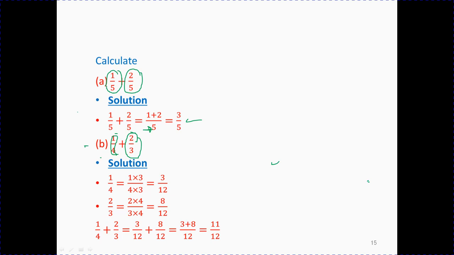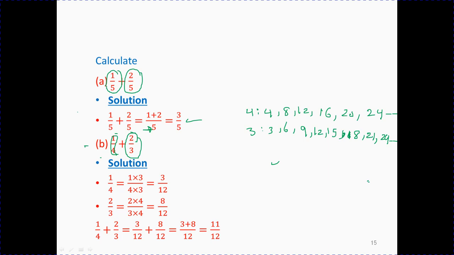You can find the least common multiple of 4 and 3 by the following rule. Let's just list the multiples of 4: 4, 8, 12, 16, 20, 24, etc. Now for 3, let's start with 3: 3, 6, 9, 12, 15, 18, 21, 24, etc. Now, obviously, we have many common multiples.